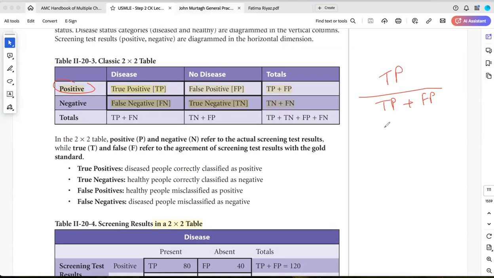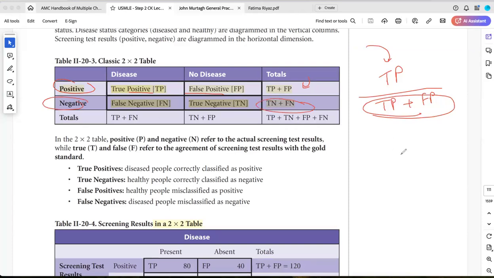So how we explain it is a bit different. Okay, so in here, it's not about how many diseased patients. It's about how many people the test said positive. So that's this. Who was actually positive? And the negative predictive value of a test is how many people the test said negative.